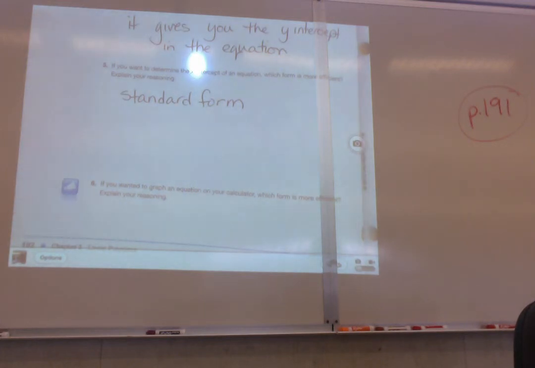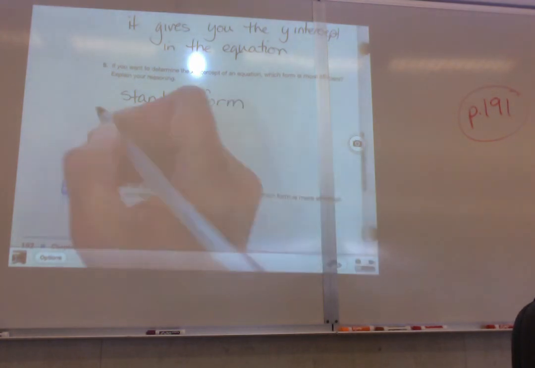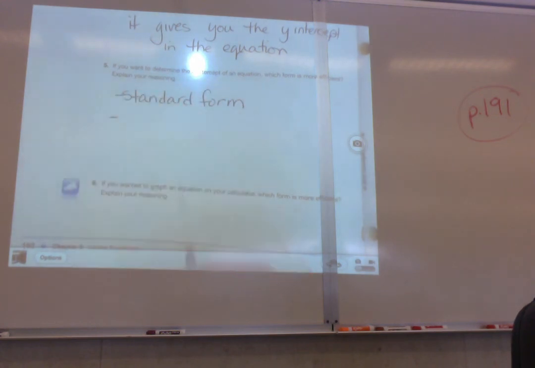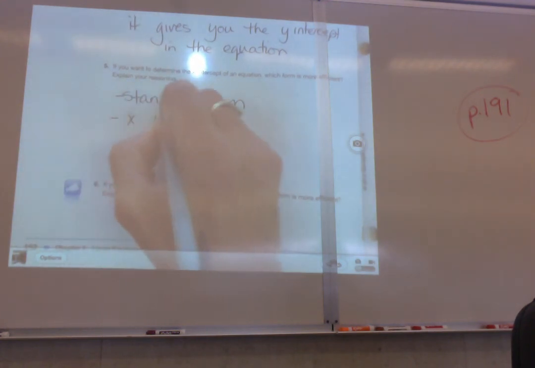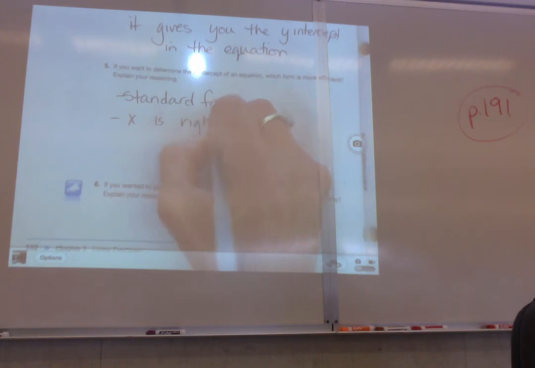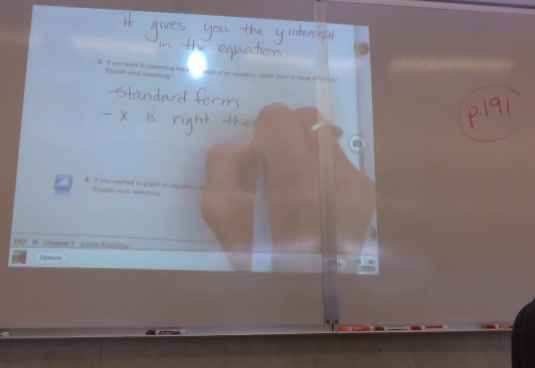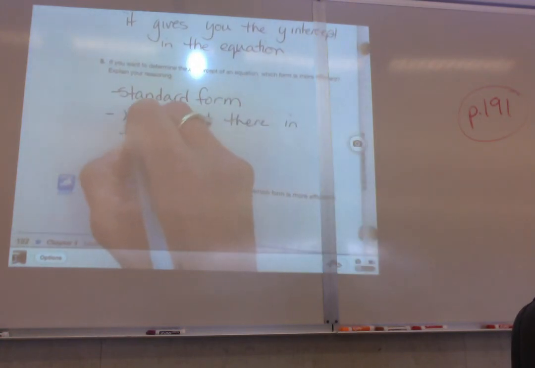It kind of gives everything right there at the beginning of the equation. It's easy to get rid of that y and just focus on the x. Okay. You also in standard form have no fractions. Okay. So standard form, x is right there in the beginning.